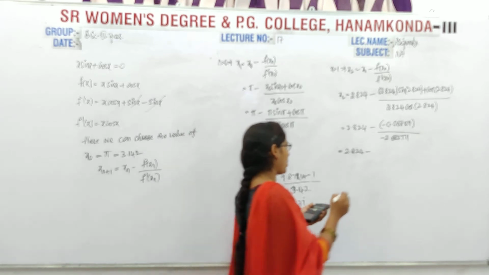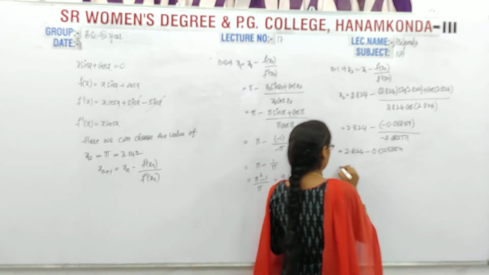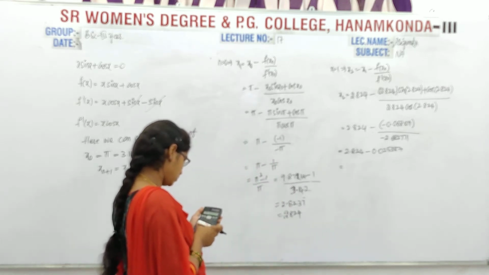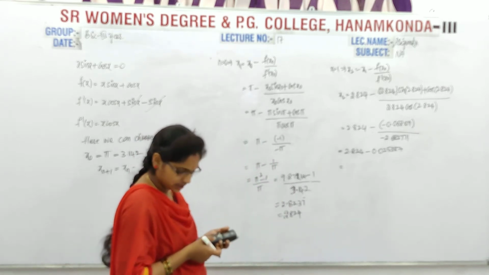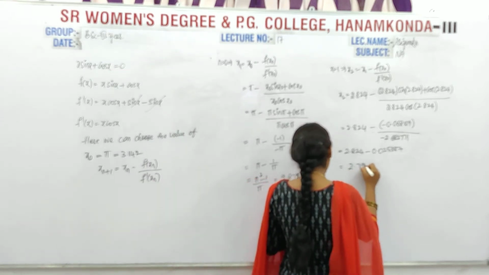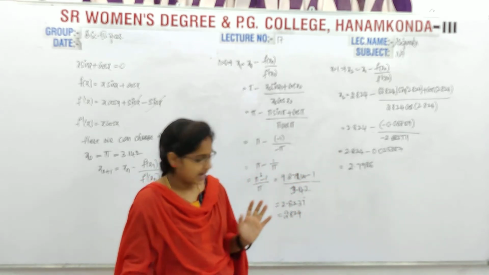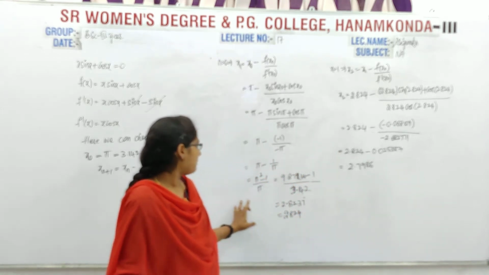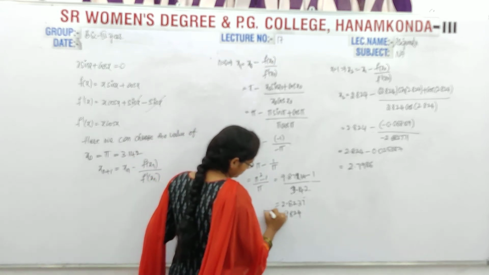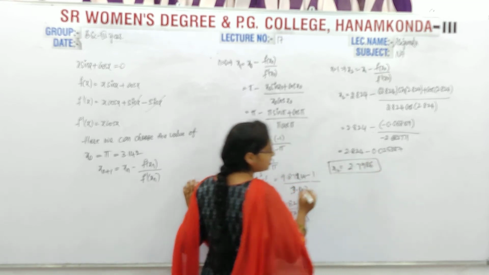Now it is 0.025387 minus 2.824. Now it is nothing but 2.798612, so simply I am taking 0.86. Now just compare the previous x1 value and this x2 value. Both are same or different, right?